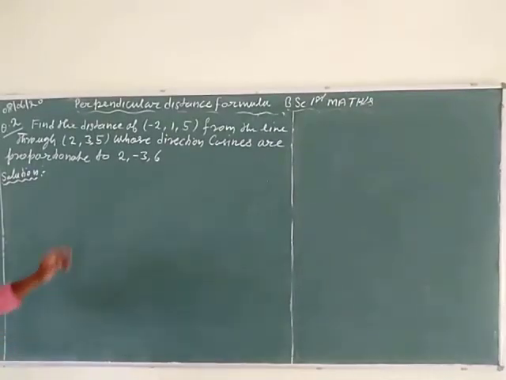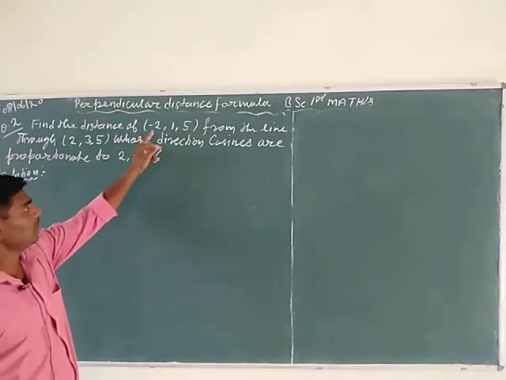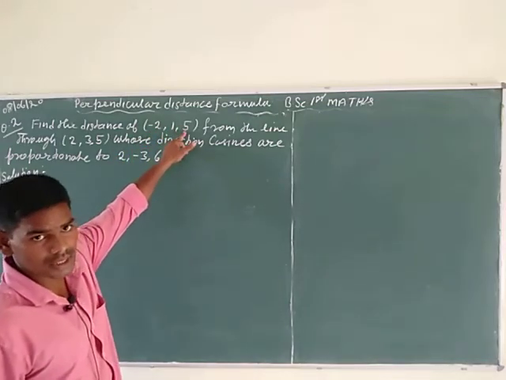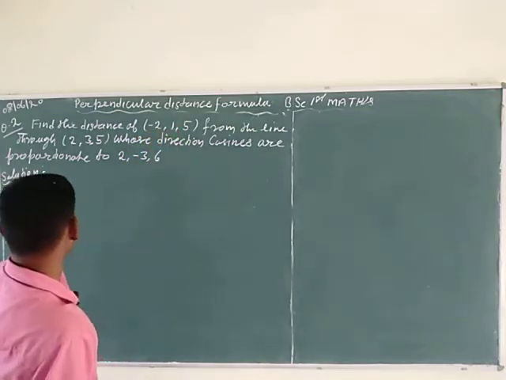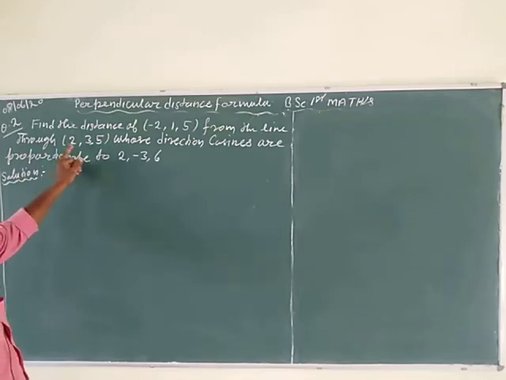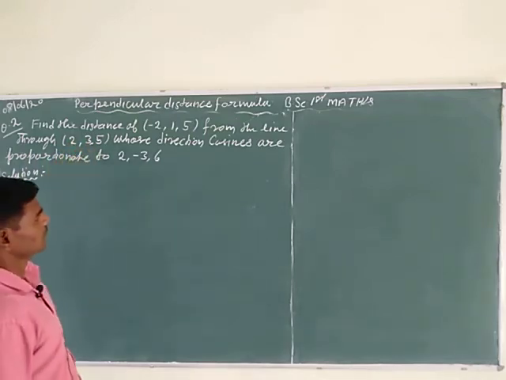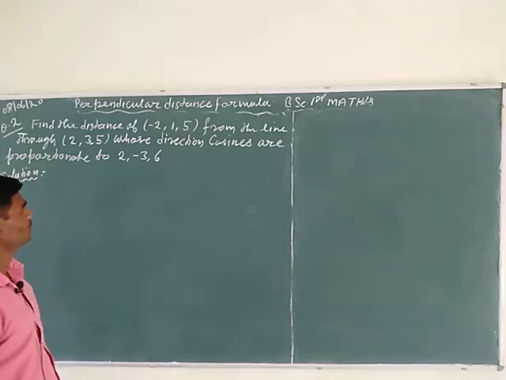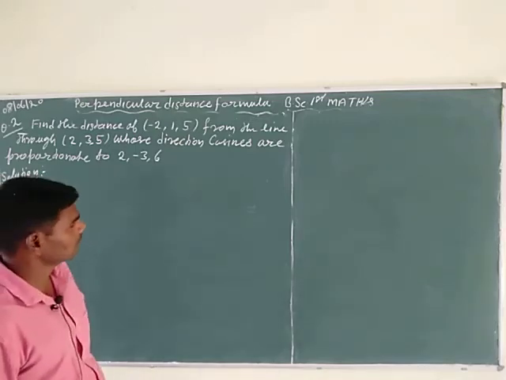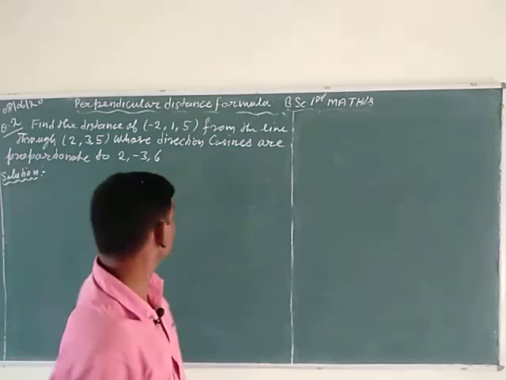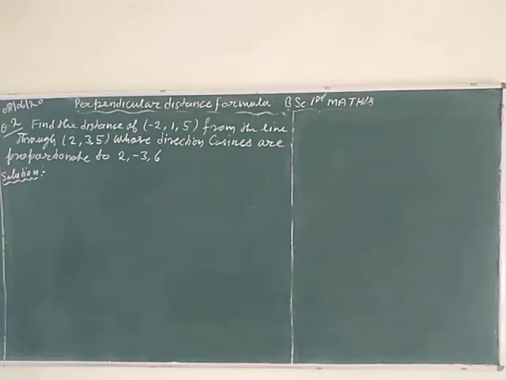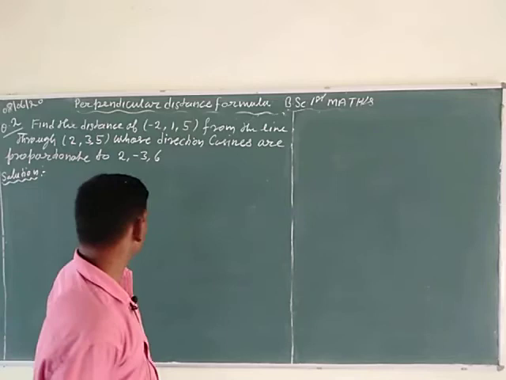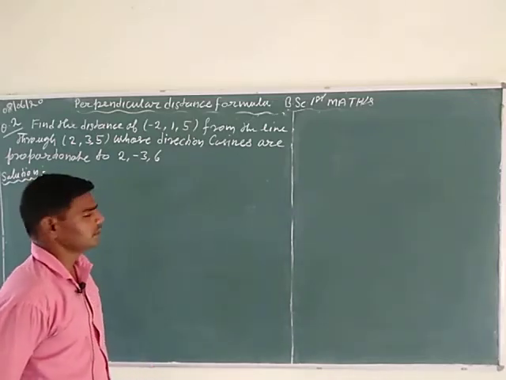In the second question, find the distance of the point -2, 1, 5 from the line through 2, 3, 5 whose direction cosines are proportional to 2, minus 3, 6. Here in the question a point with coordinates -2, 1, 5 is given, and also a line which passes through the given point 2, 3, 5 and has direction cosines 2, minus 3, 6.